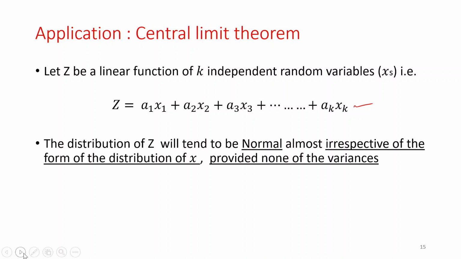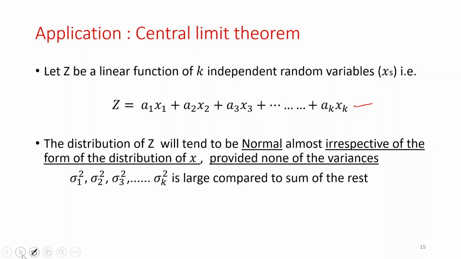The distribution of Z will tend to be normal almost irrespective of the form of the distribution of x, provided none of the variances sigma 1 squared, sigma 2 squared, sigma 3 squared, and so on, is large compared to the sum of the rest.